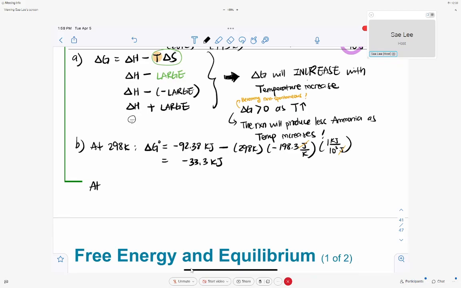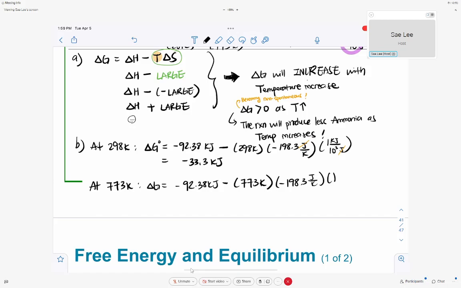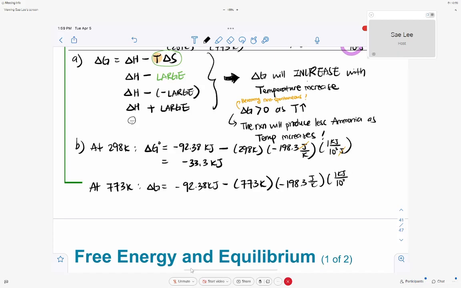Let's calculate the delta G at higher temperature. At 773 Kelvin, delta G equals enthalpy minus temperature times entropy. This equals 61 kilojoule.